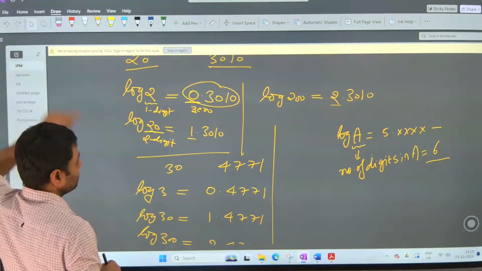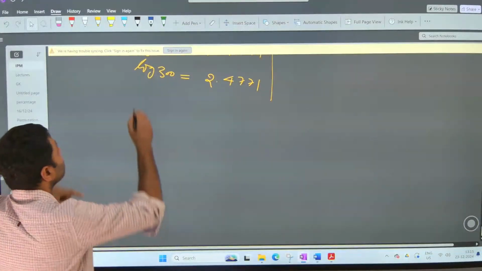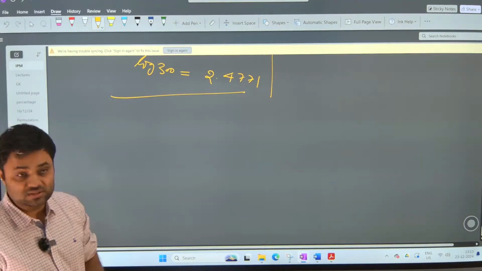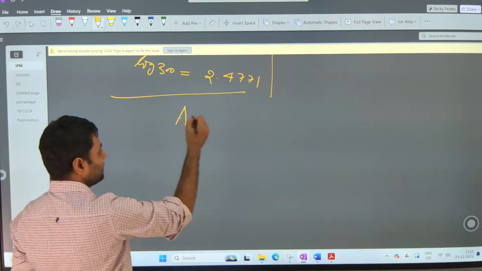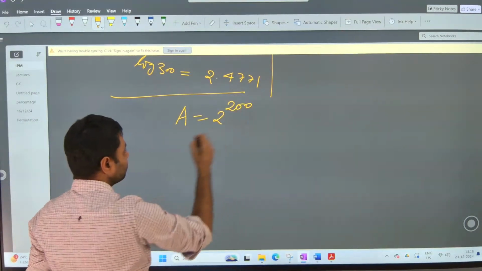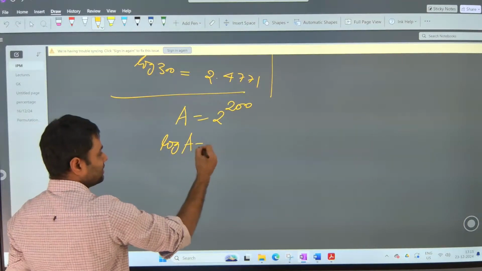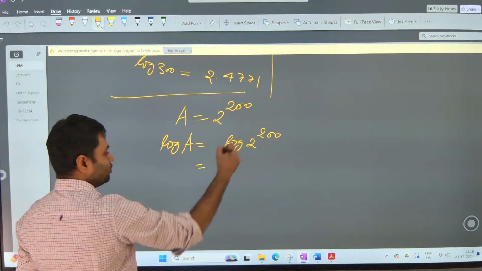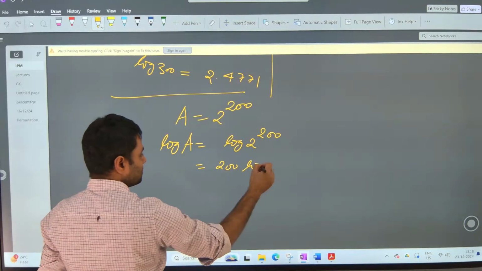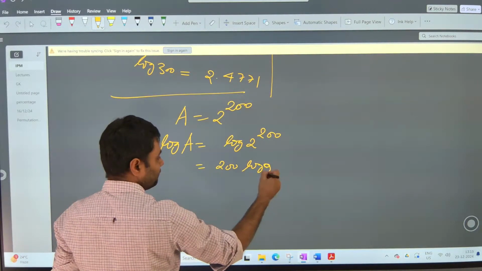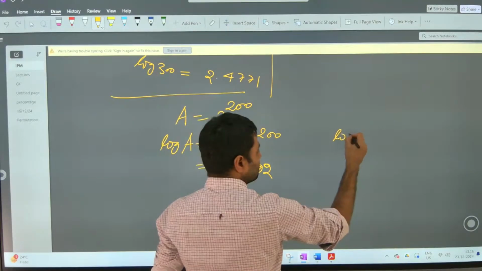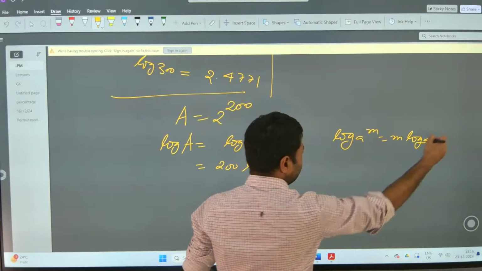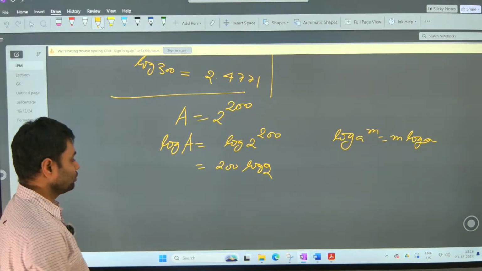So now if we need to find the number of digits in 2 raised to 200. So A was 2 raised to 200. Log A is log 2 raised to 200. 200 comes to the front. For this I told you the property: log A raised to M is M log A. So 200 log 2.